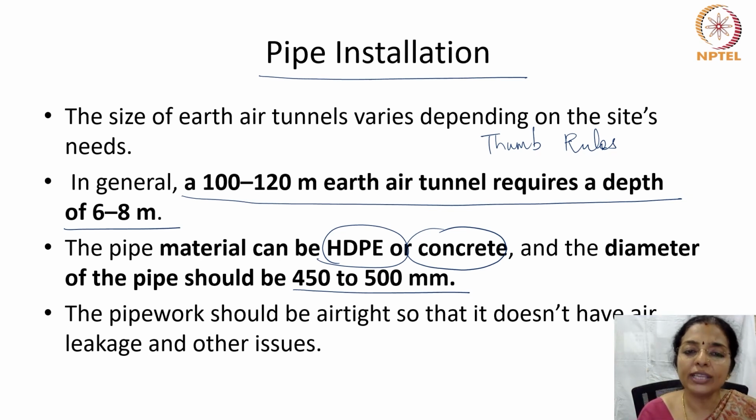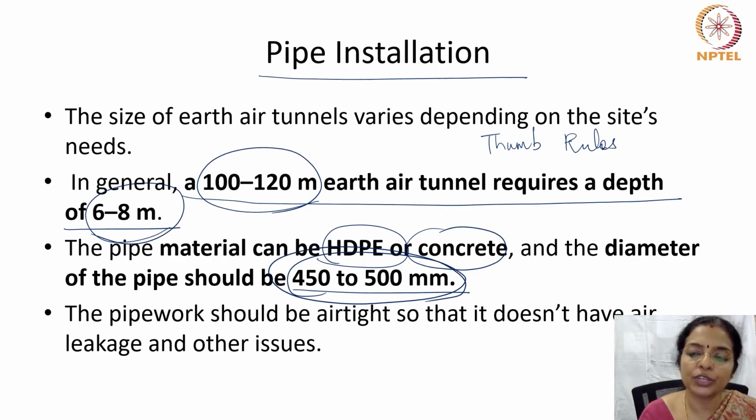All the dimensions that I mentioned here, which are the length of the tube, the depth at which it should be laid, and the diameter of the tube, are thumb rules which can be followed. The pipe work should be airtight so that it does not have air leakage. If air leakage happens, then it is not going to be effective. There can also be other issues like moisture or water creeping in, or roots of soil creeping in through a hole.